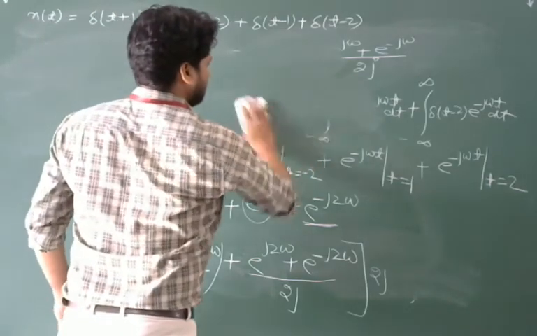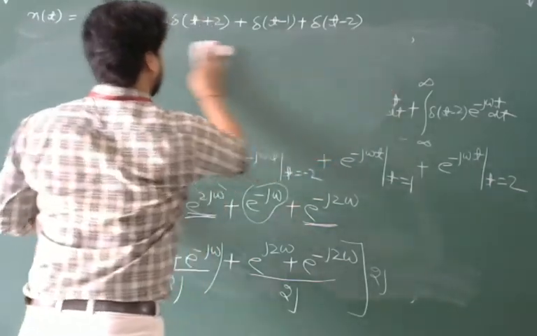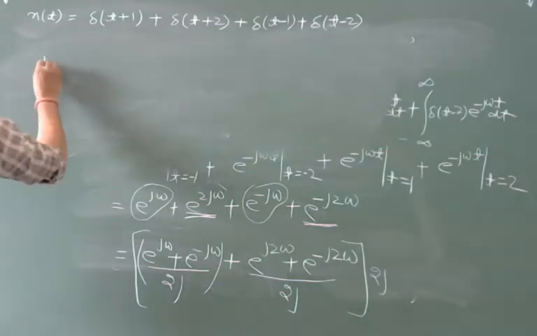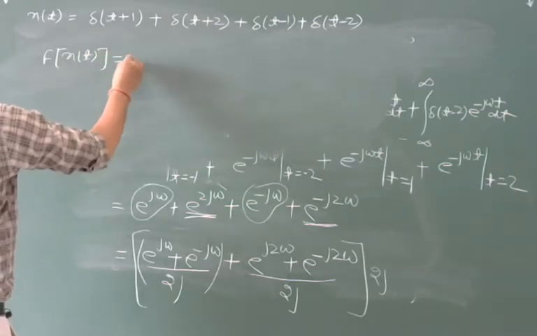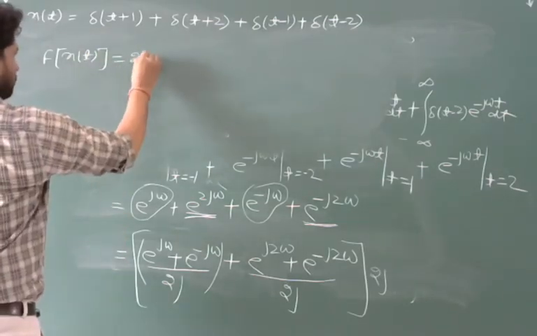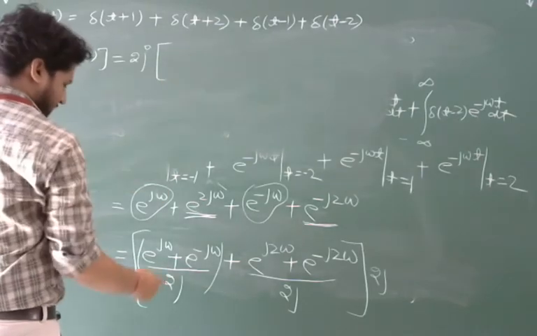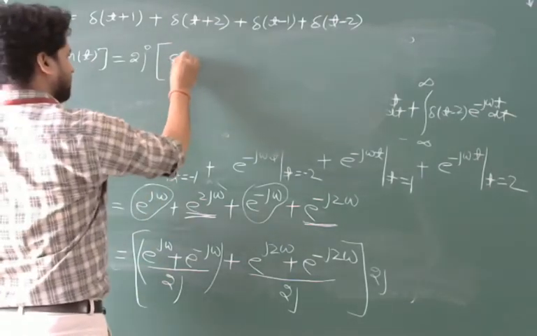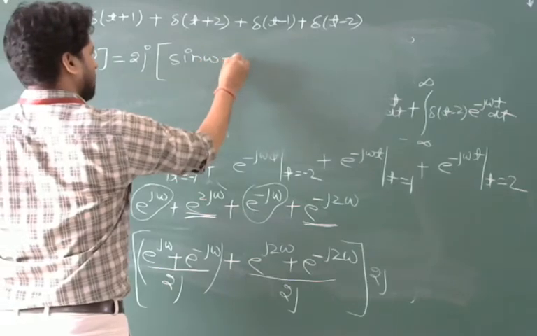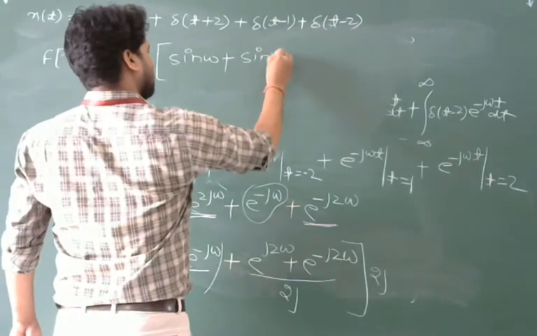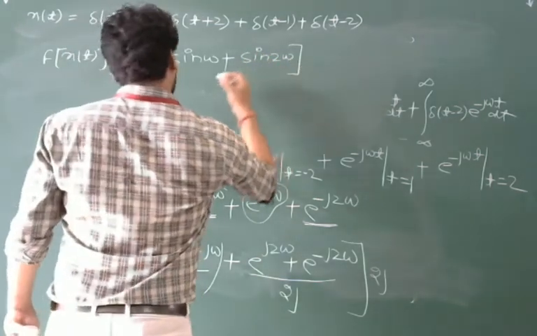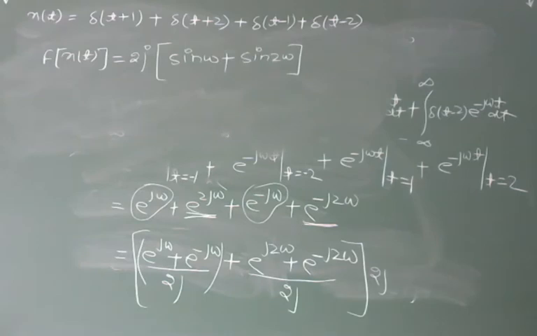It means that the Fourier transform of x(t) will become 2j times sin ω plus sin 2ω. This is what we will get, how we can find the Fourier transform of the given signal x(t).